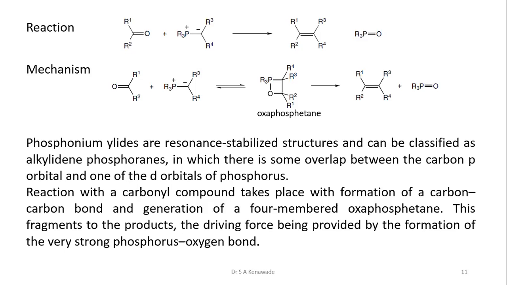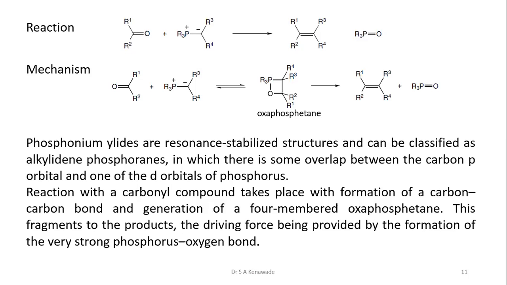The mechanism: the phosphorus and carbon bond is what we call the ylide. With charge separation, the carbon with the negative charge will attack the carbonyl group. It will attack the carbonyl carbon because the carbonyl carbon is highly electron deficient.